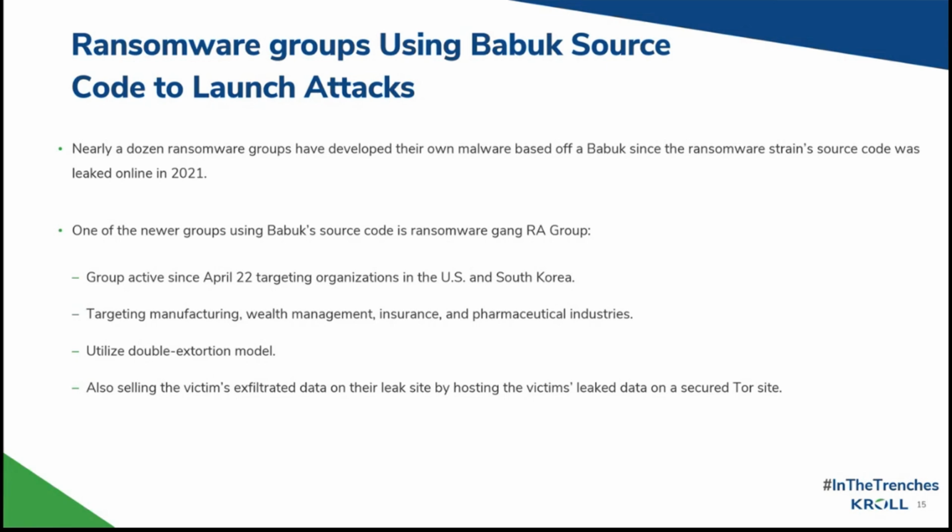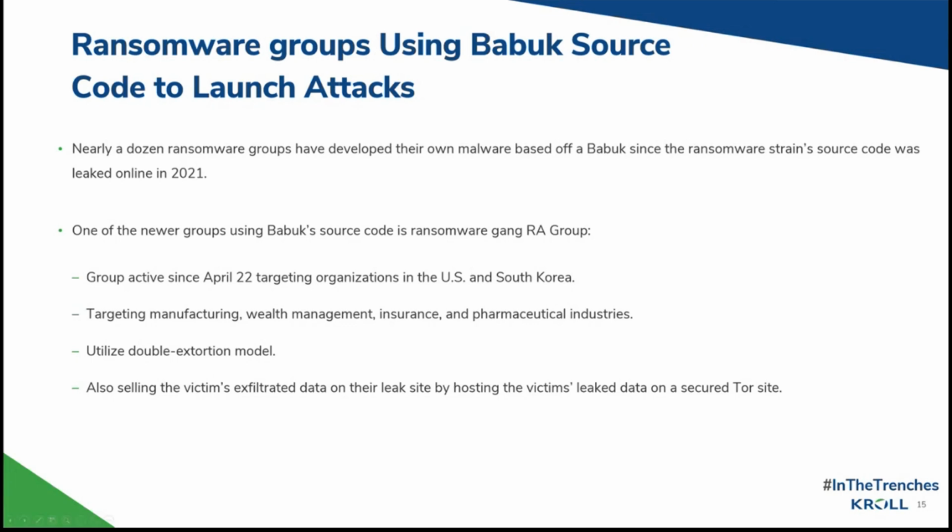But crucially, what's different with this group is they demand payment within 3 days. There's normally a bit of flex with other ransomware groups, and this time can vary, but the RA group seem to be very specific with the 3-day timeline. Once the victim's data is put on the leak site, they will then sell that on, so people can buy it. So it's like a double revenue stream for the RA group.